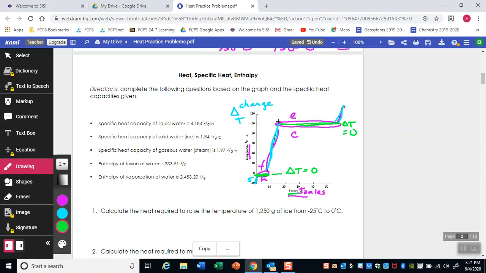So what is changing is the energy, and that is what enthalpy is. Enthalpy is the amount of energy that is absorbed during your phase change, or released during your phase change.